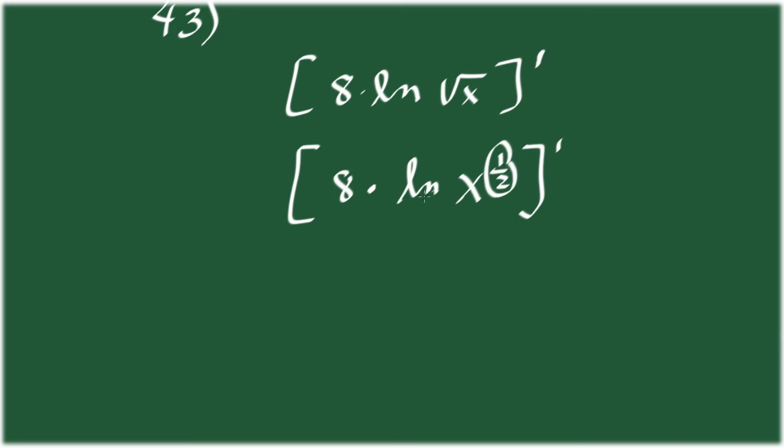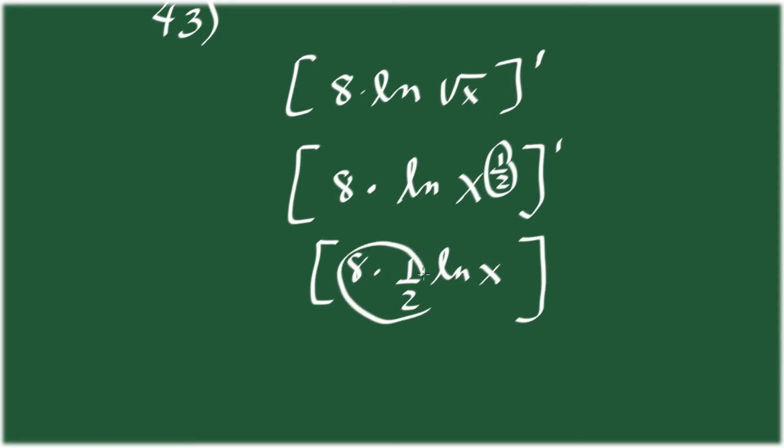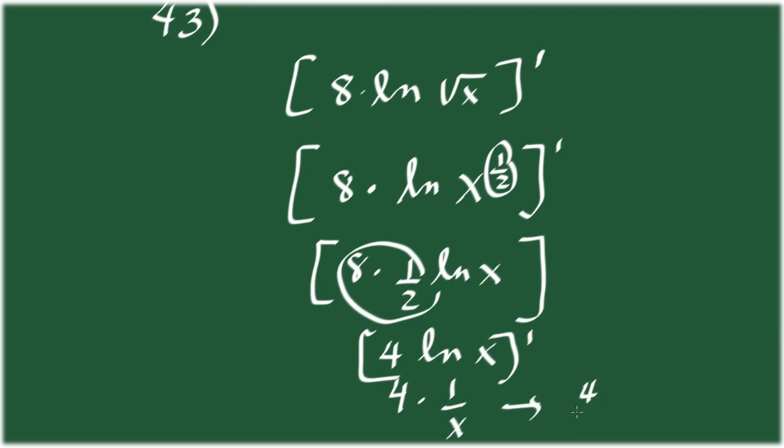So we can multiply the 1/2 and the natural log of x. That's the property of log. And then simplify this to 4 natural log of x. Now you can bring down the 4, then get the derivative by multiplying by 1 over x. So its derivative is 4 over x.